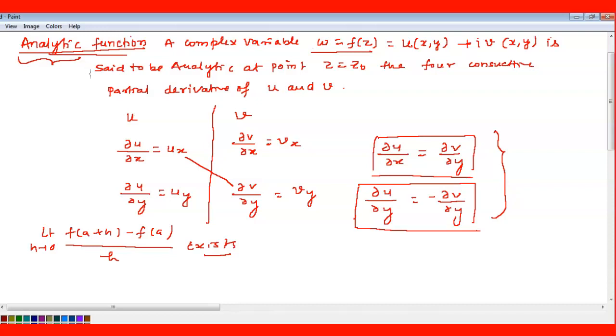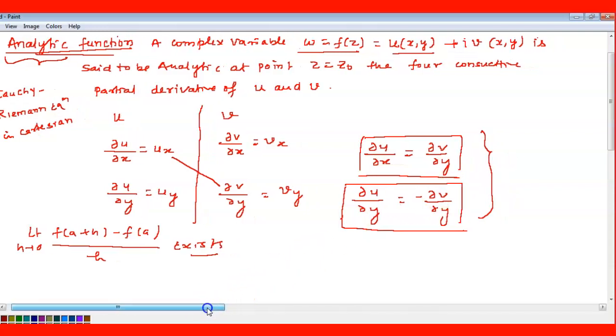Any doubt till here? This statement is given by the Cauchy-Riemann equations. We also call it the Cauchy-Riemann equations in Cartesian form, because we have used u and v in terms of x and y, so that's why it is the Cartesian form. Any doubt till here?